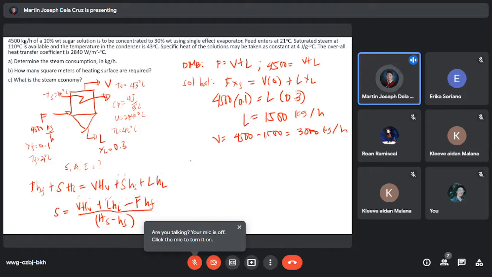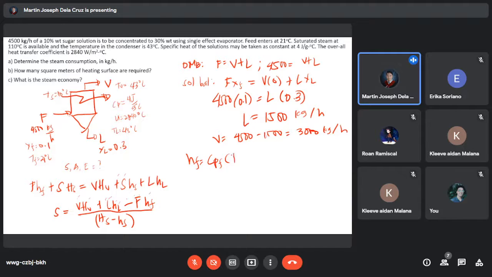So, di ba sabi ko kanina, we can get HF, HL kanina. So, HF now is equal to CPF times the temperature of your feed. While your HL now, we can get CPF or CP alone times the temperature of your liquid. So, HF now is equal to CP. Anong CP natin? 4 joule per gram degrees Celsius times, take note class na dapat naka degrees Celsius din siya, 21 degrees Celsius.